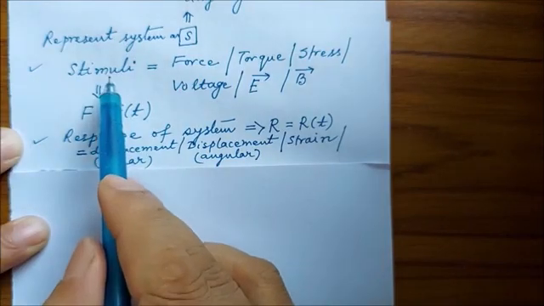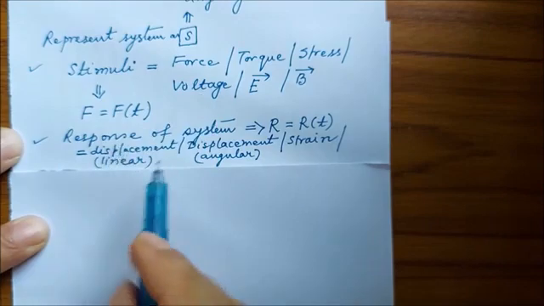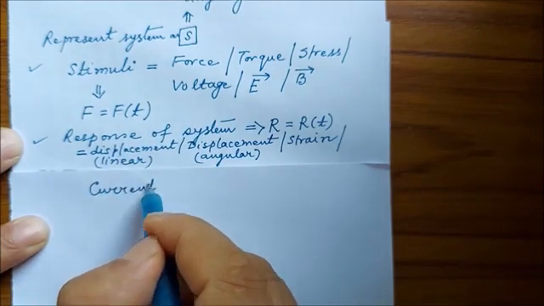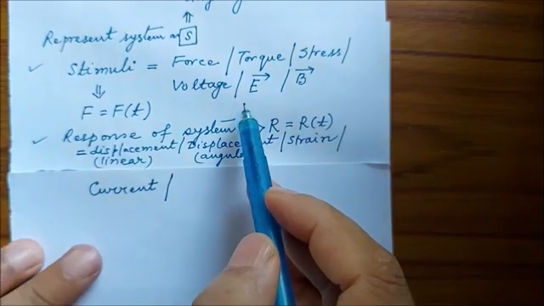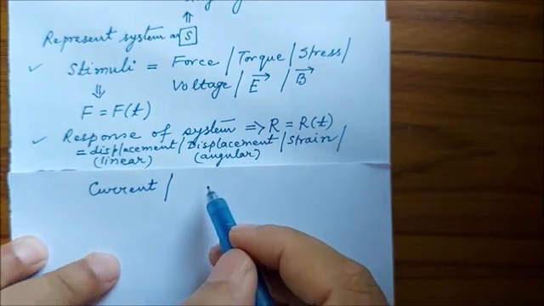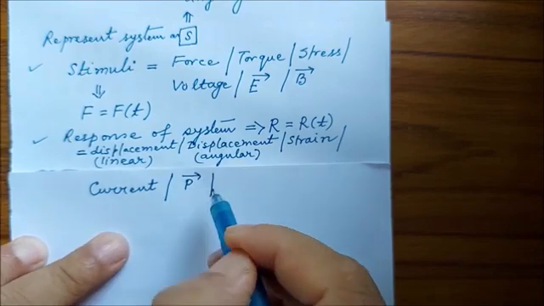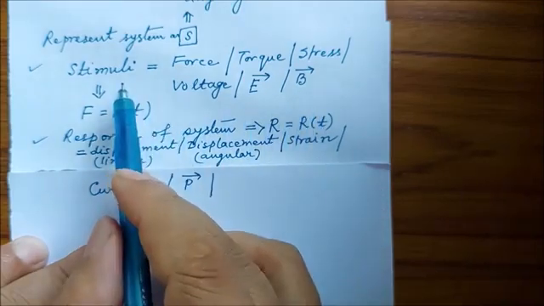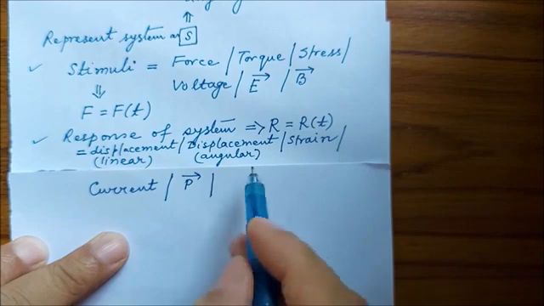If stimuli is voltage, then the response of the system will be current. If stimuli is electric field, then the response which the system exhibits will be showing up of a polarization, and under the influence of magnetic induction as stimuli, a system will respond by showing up a magnetization.